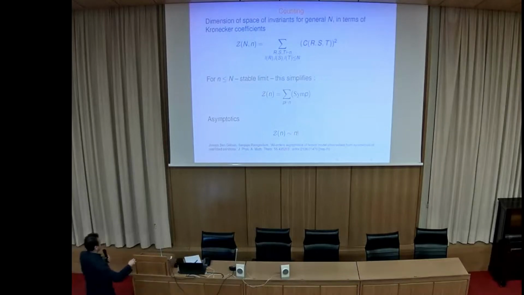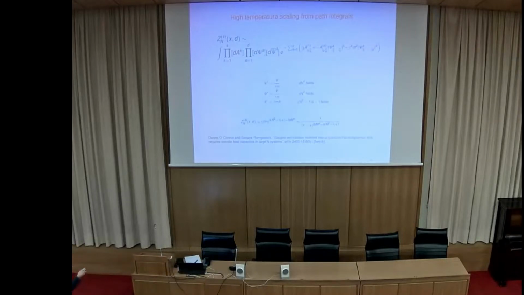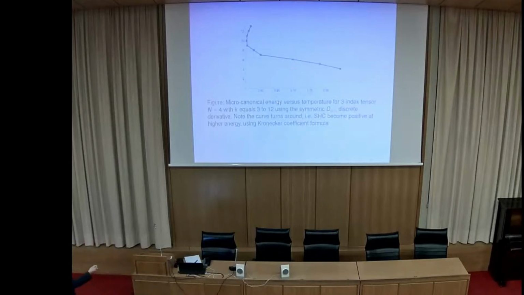So again, this has this negative specific heat, which is controlled by the finite N effects, and whose structure can be worked out from the path integral. So you use high temperature behavior, and then for low values of capital N, you can plot the data, and you can see how there's this negative slope, and it just starts down.